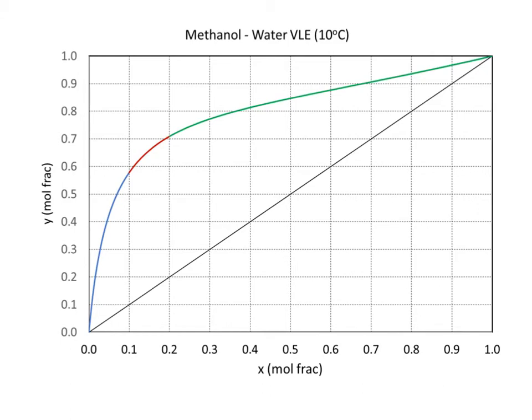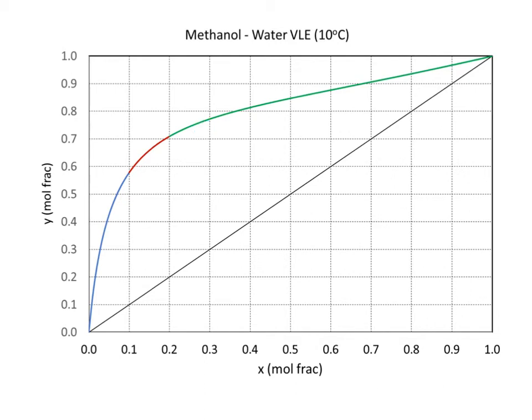Here is the XY diagram for the methanol and water at 10 degrees C. It's just a different way of presenting the data that you saw on the last slide. For instance, here at a composition in the liquid at 0.3, the vapor phase composition is around 0.77, as we saw on the PXY diagram.